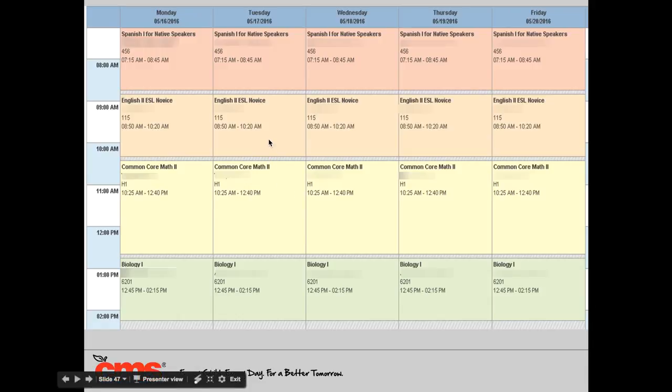Oh, there's that Spanish for native speakers that you were talking about. We were just talking about this, and this looks like a 10th grade schedule. So we have the student in Spanish for native speakers, English 2 with 10th grade English, ESL Novice, Common Core Math 2, and Biology 1. Once again, I would recommend if there was a biology SIOP section, that would be excellent for the student as they are a novice student.